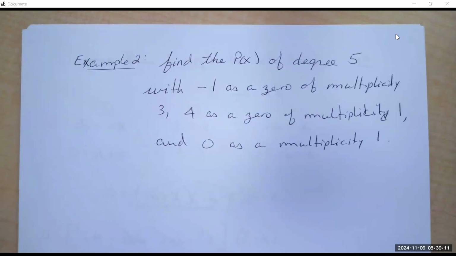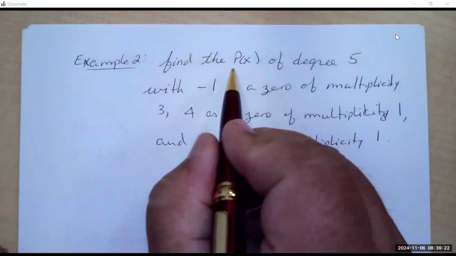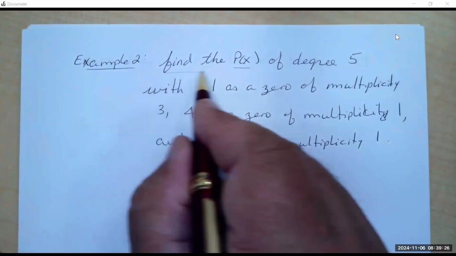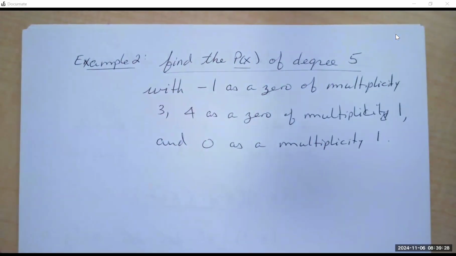First day of school, I told you all that math is a language. You have to know the words. What does all this stuff mean? Find the polynomial of degree 5. What does that first sentence tell us? That there are 5 x-intercepts.